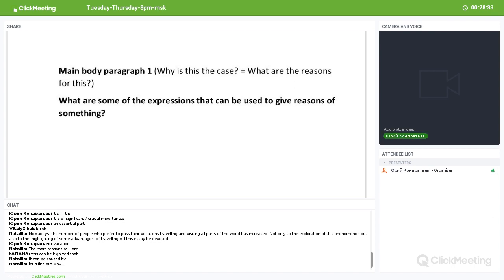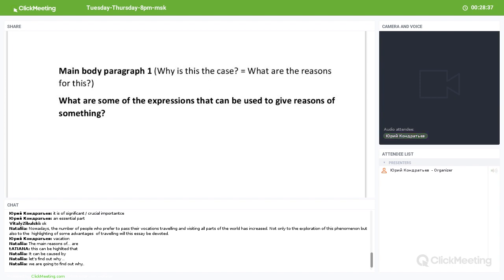Let us do something. It's an expression that is used only in speaking. We're going to find out why. Well, to find out why is a nice part of an expression, but we are going to is something that should be avoided. Personal pronouns, unless you are asked for your opinion, should be avoided in an academic essay.